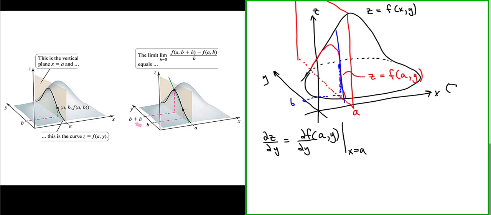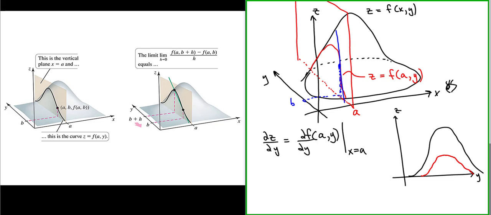We'll do this by looking down from the positive x-axis. Looking from the positive x-axis, the y-axis would be to the right, the z-axis is vertical, and our hill looks something like that. And our curve of intersection looks something like that.